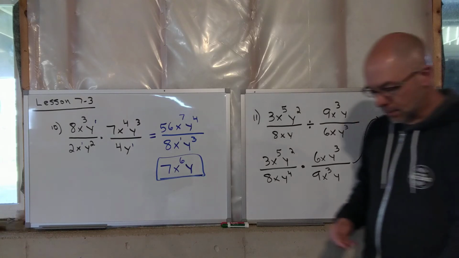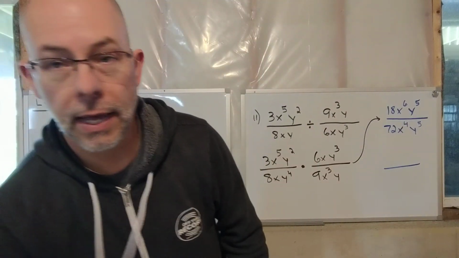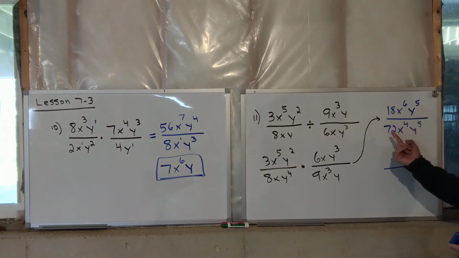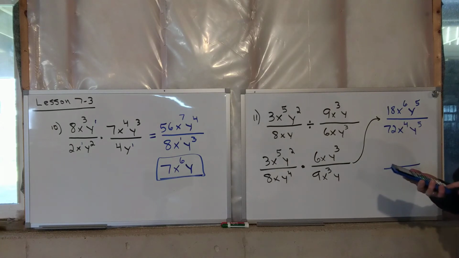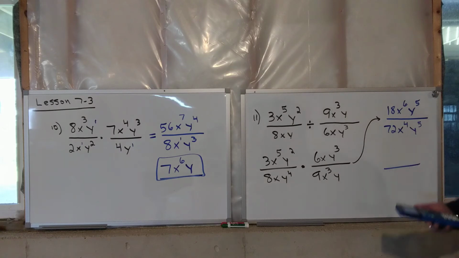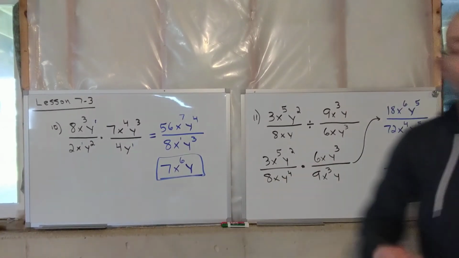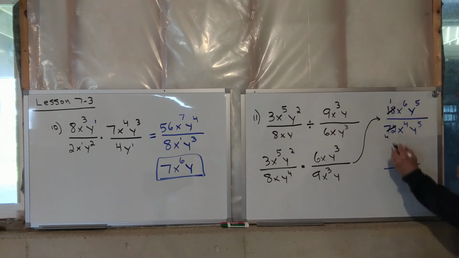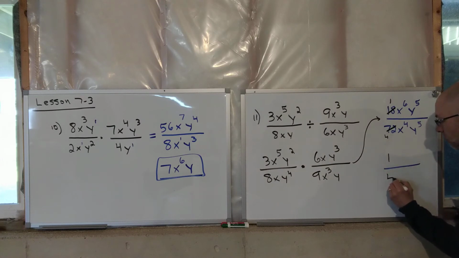Now, this time, there is no way that this is going to divide nicely because the numerator's got 18, the denominator's got 72. 18 divided by 72 is going to be a decimal. However, 18 over 72 reduces to 1/4, meaning 18 goes in once, 18 goes in 4 times for a 1/4.